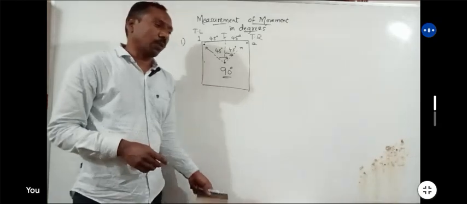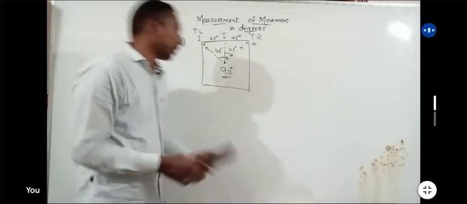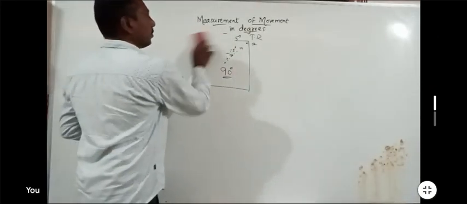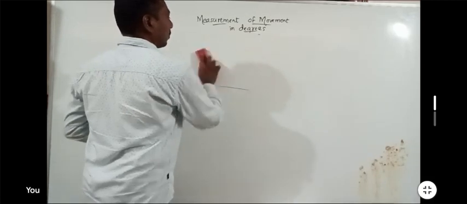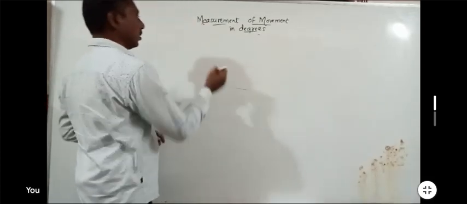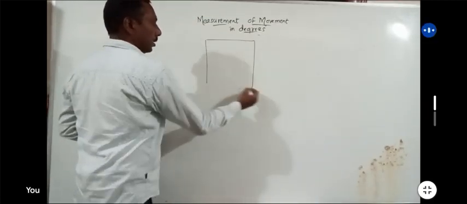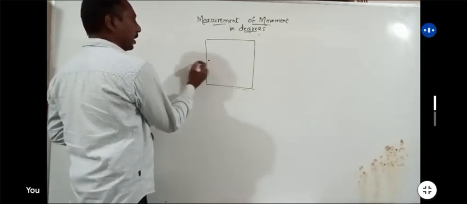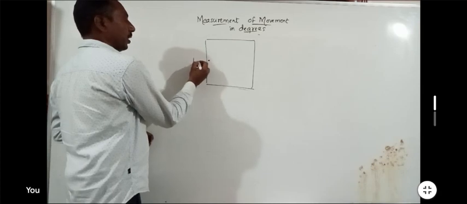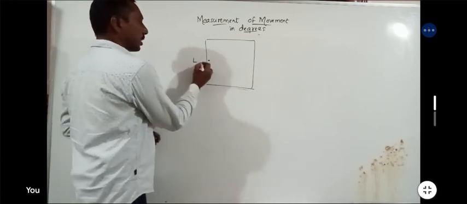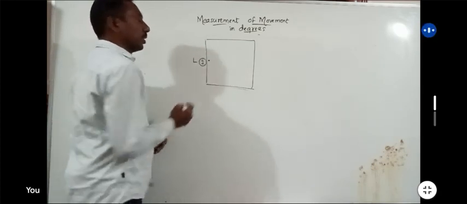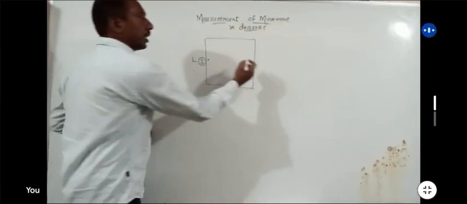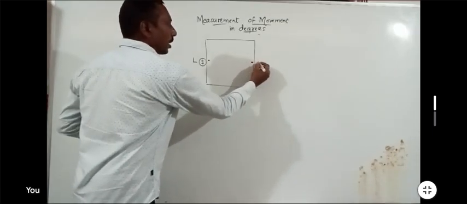Let us now take opposite positions. Let me draw a square. Let me draw one position here. The dot is in the left position. Let us consider this as the first position. Opposite to left is right.